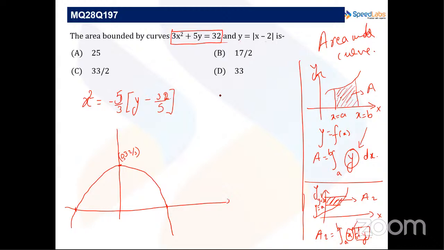And y equals to mod x minus 2. We can write it as x minus 2 for x greater than equals to 0 and minus x plus 2 for x less than 0. So for this line, if we draw, let's say this is the point x equals to 2.